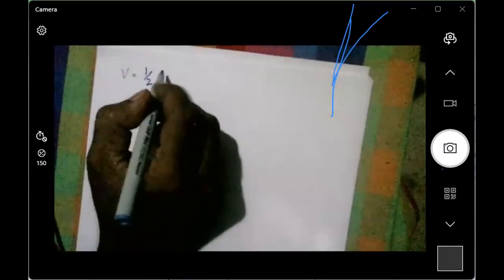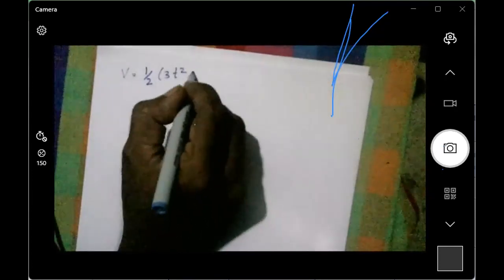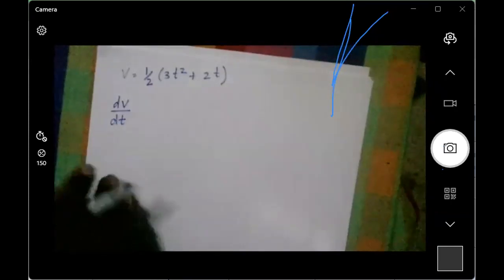You can see my screen, right? v is half 3t squared plus 2t, right? So what is the acceleration? It will be dv over dt, right?